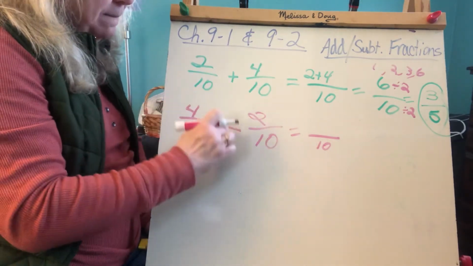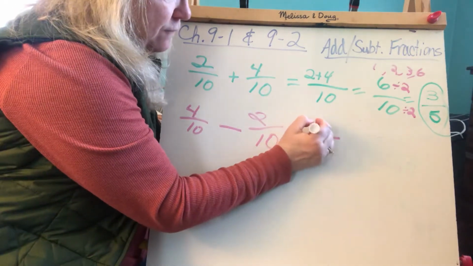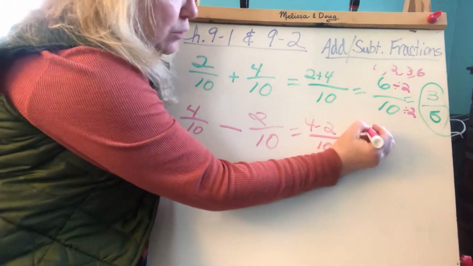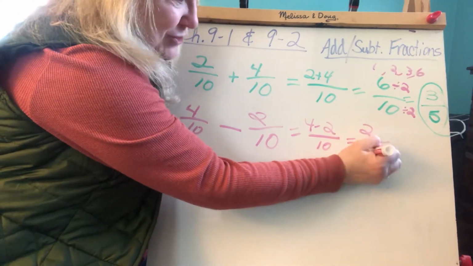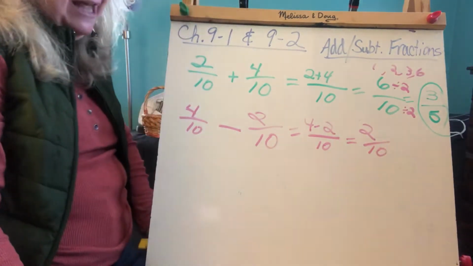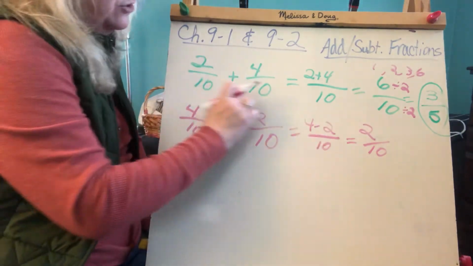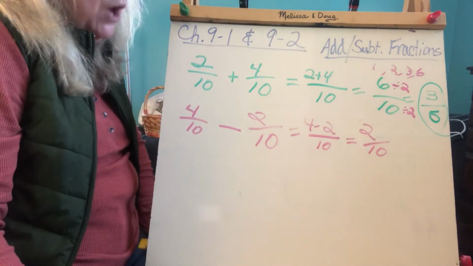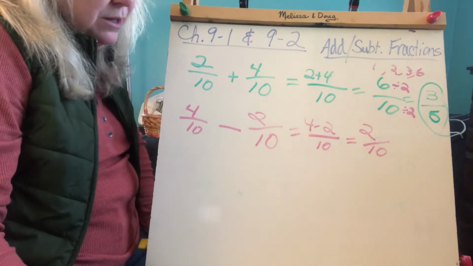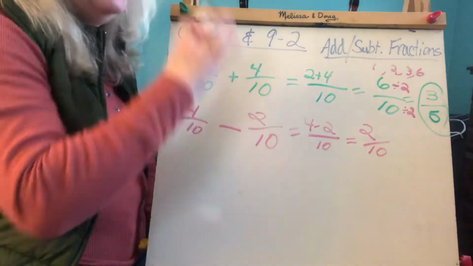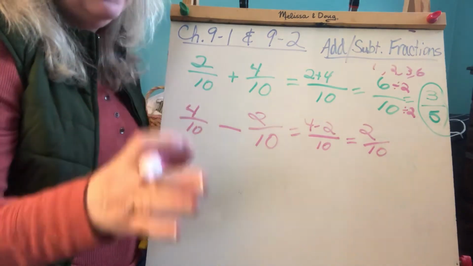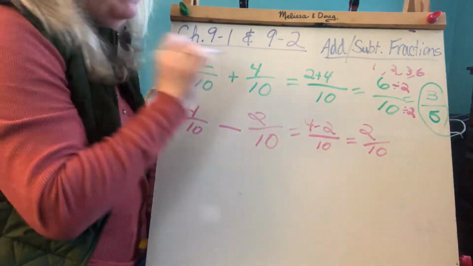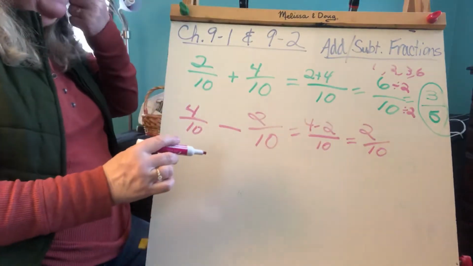So 4 minus 2. And 4 minus 2 equals 2. And you bring over your same denominator. Notice the denominators are the same going all the way across. Now, what is the biggest number, is there any number besides 1, and if there is, what is the biggest number that will go into 2 evenly with no remainder and also go into 10 evenly?